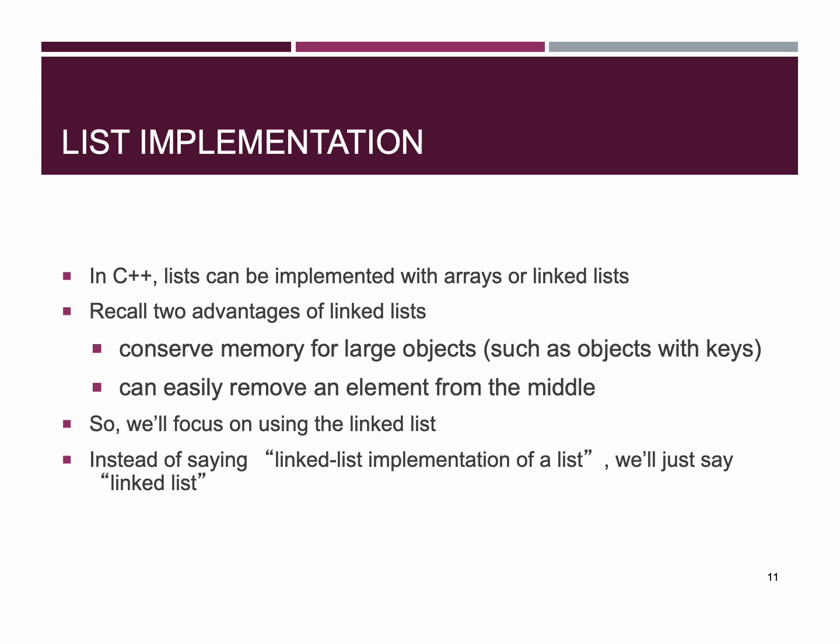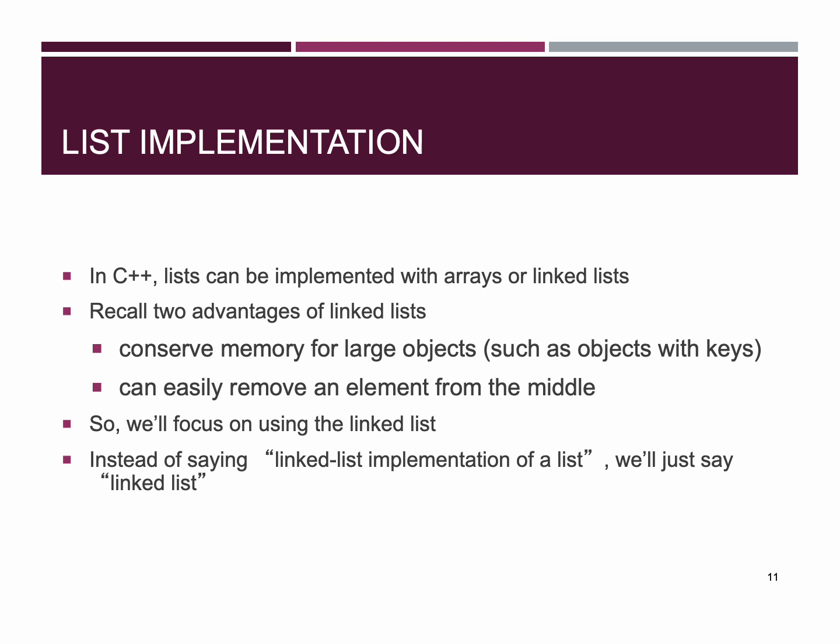Now there are two major advantages of using linked lists. First is memory efficiency. Linked lists conserve memory, particularly for large objects. This is because unlike arrays, linked lists do not require a continuous block of memory. Second is efficient removal of elements.